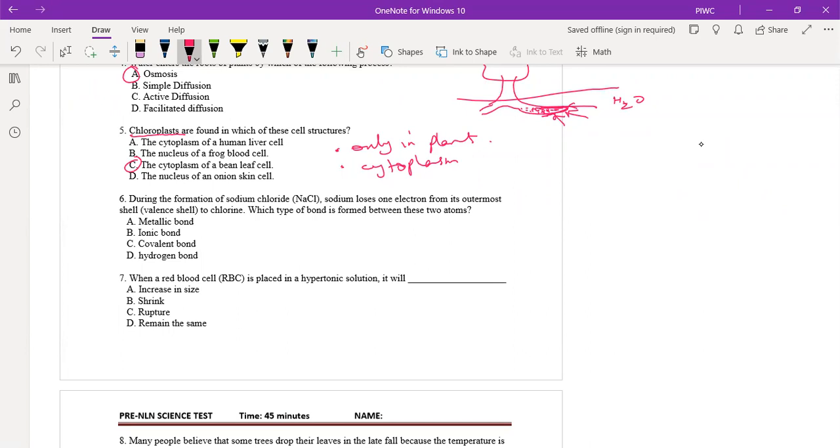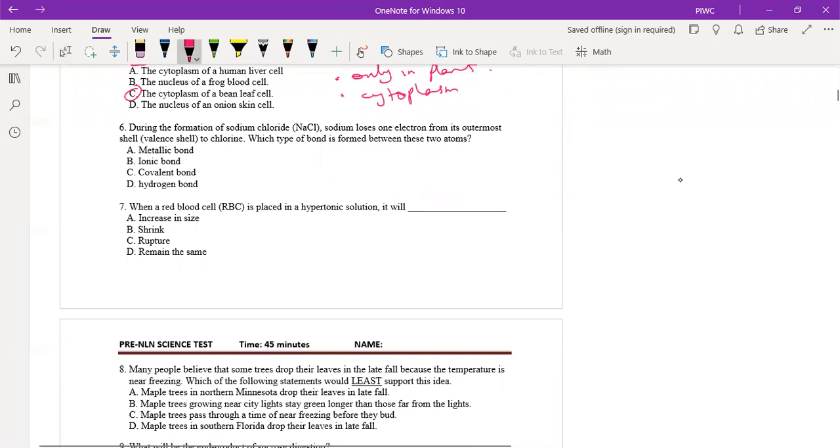During the formation of sodium chloride, sodium loses 1 electron from its outermost shell to chlorine. What type of bond is formed between these two atoms? Ionic bond. Perfect. So remember that in an ionic bond, one atom loses and the other one gains.